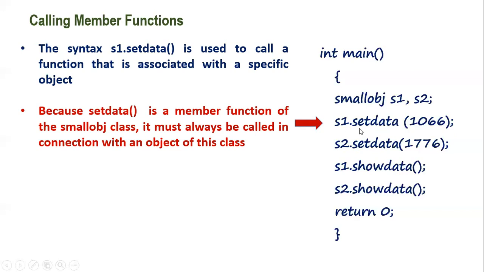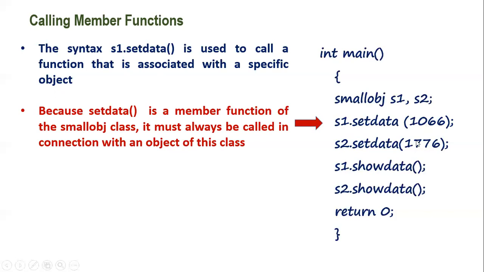The syntax is like, first we have to name the object and then put a dot symbol, and then you have to write the function set data, and then in brackets we have to put in an argument which is of integer type.